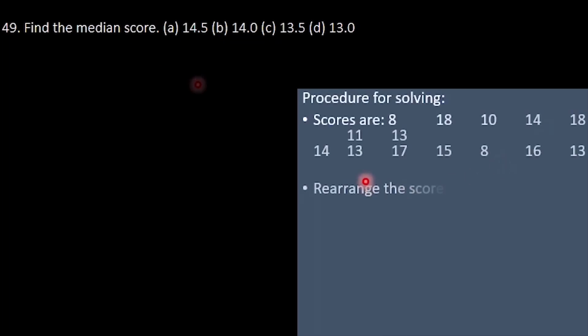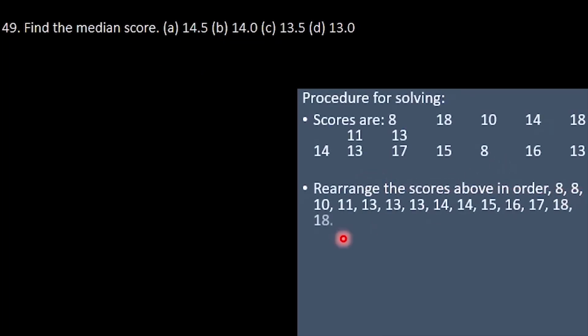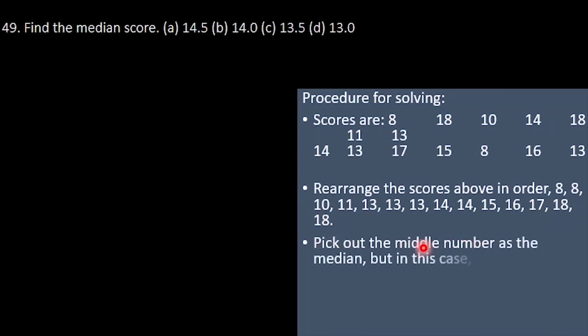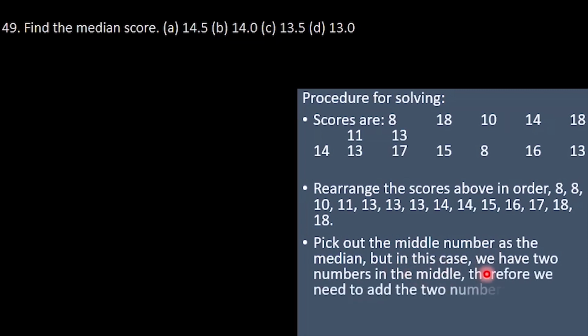Question 49. Find the median score. The procedure for solving this, now rearrange the scores above in order. Now we have 8, 8, 10, 11, 13, 13, 13, 14, 14, 15, 16, 17, 18, 18. Pick out the middle number as the median, but in this case we have 2 numbers in the middle. Therefore we need to add the 2 numbers together and then divide it by 2.